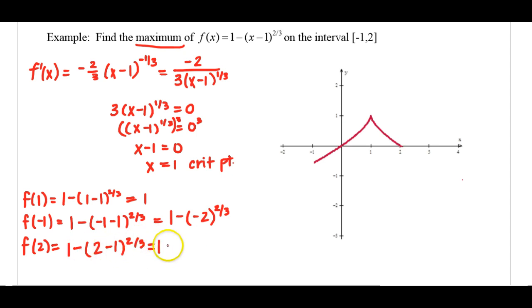So I would get 1 minus 1 to the 2/3, and 1 to any power is going to be 1. So this is 1 minus 1, so this is 0. So far I can tell that 1 is bigger than 0. So now it's just a matter of which one is bigger between these two values here. So it's a matter of trying to determine whether or not 1 minus negative 2 to the 2/3 is bigger or smaller than 1.